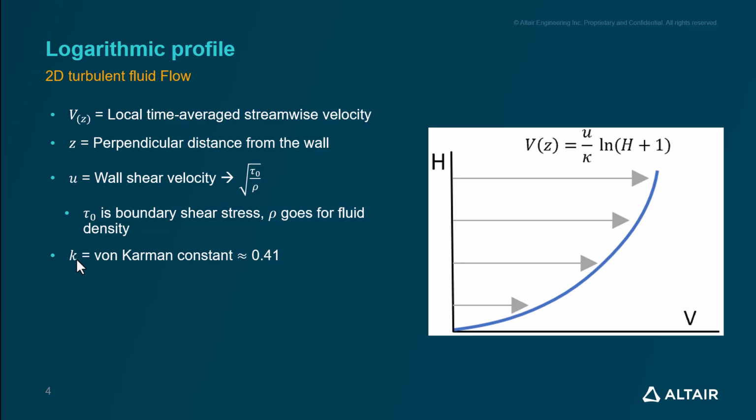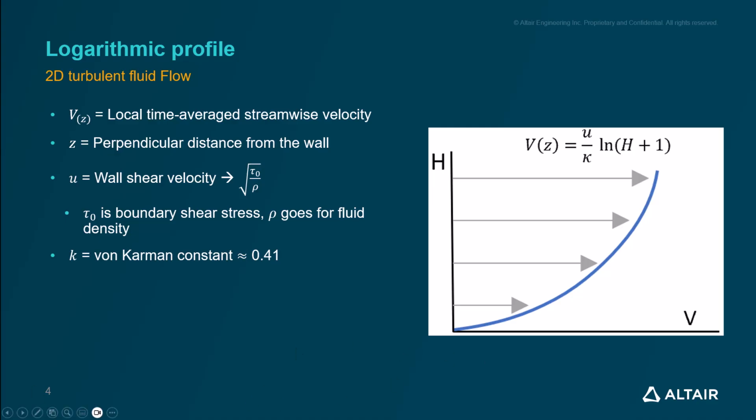Different conditions gave different results about what the von-Karman constant should be, but in general, for practical purposes, it's been defined as 0.41, and that's the same that's been input in SimSolid from scratch.